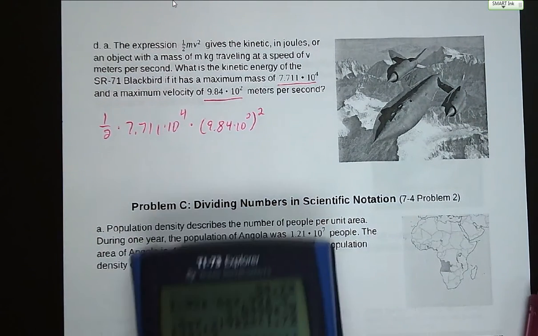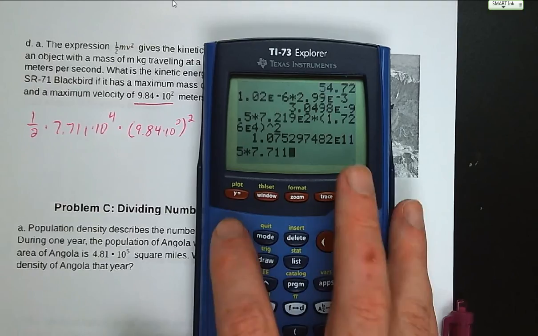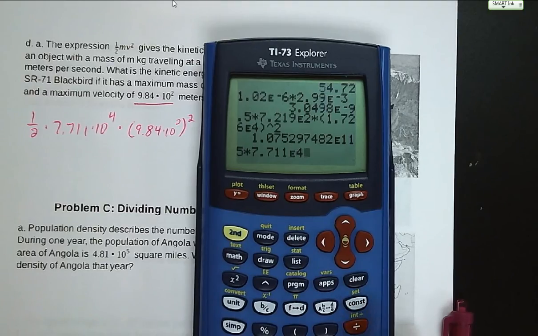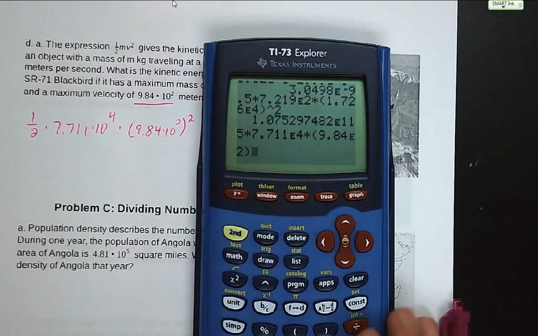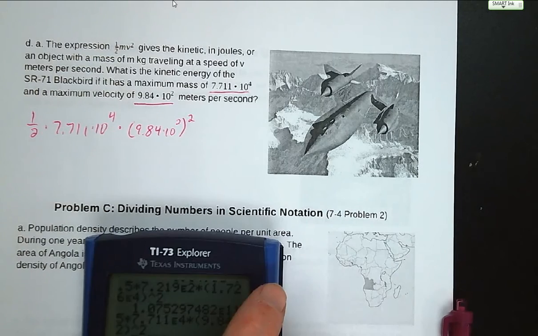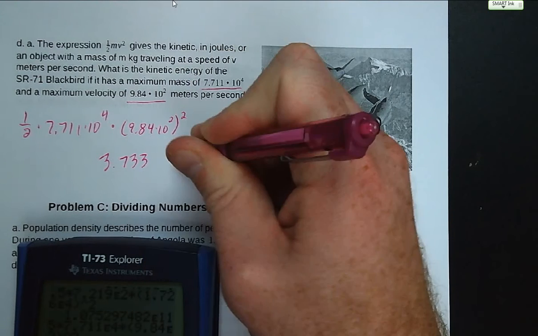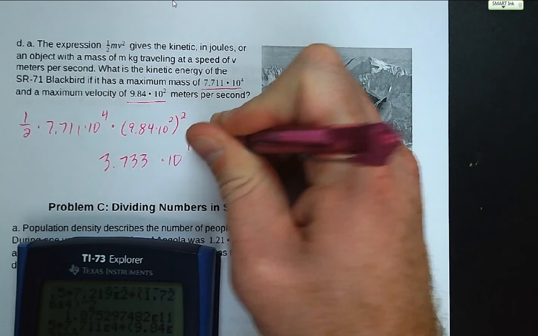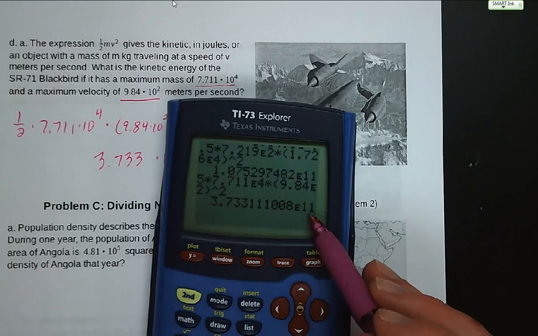So now we need to just type all of that into our calculator. 0.5 times 7.711 times 10 to the 4th times, we're going to put in parentheses, 9.84 times 10 to the 2nd, and we're going to square that, and we get 3.733 times 10 to the 11th power.